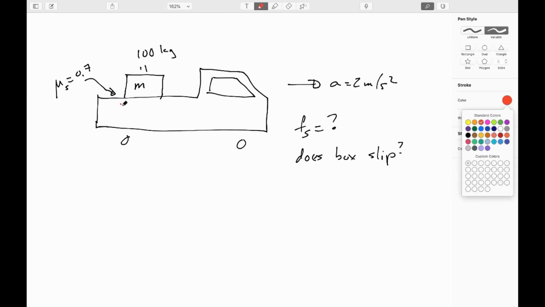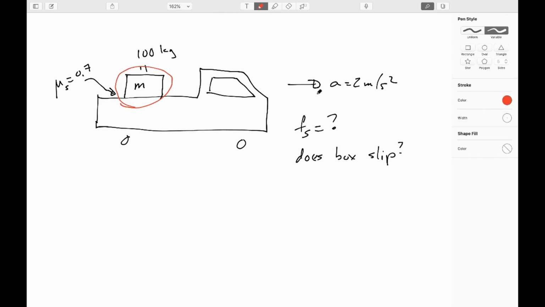So again, I do a force identification diagram here, and because it cuts through the surface, it'll be both a normal force and a force of static friction, because even though the truck is accelerating forward, the box is accelerating forward with it. So that's keeping the two surfaces stationary with respect to each other. And then are there any long-range forces? Well, yes, there is. There's gravity.